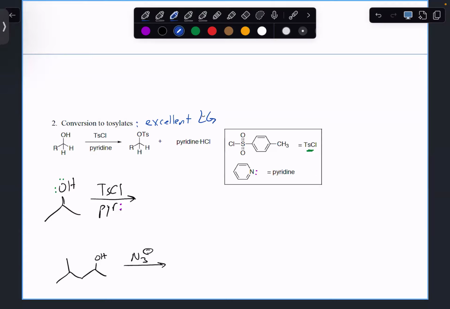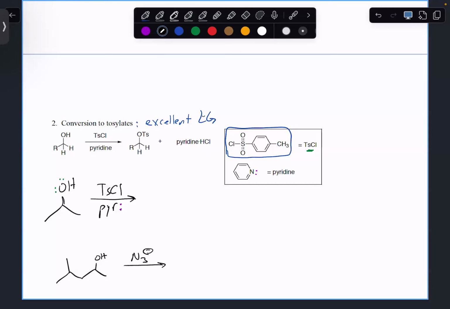And so I have the formula for tosyl chloride over here. That's largely irrelevant. You don't need to memorize that for this class. Most of the time when people use this, they simply abbreviate it as OTs. Right? But I'll go ahead and show you the mechanism of this at least once.